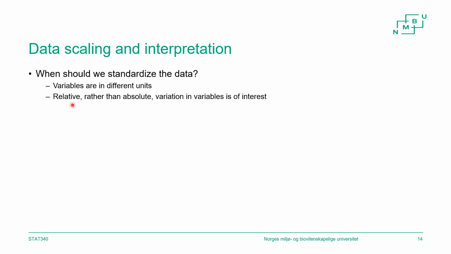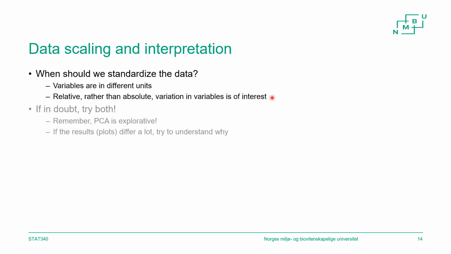People were asked to give grades to the different ales they were tasting, and the scale is the same for everyone. Then it makes sense to not standardize, because you may lose some important information if you do, since you have comparable variables. They are of the same scale.